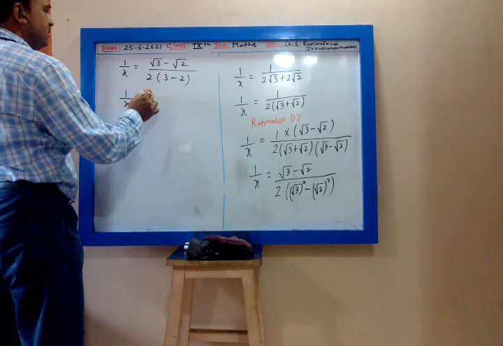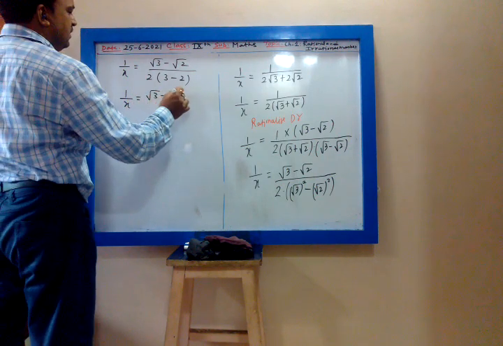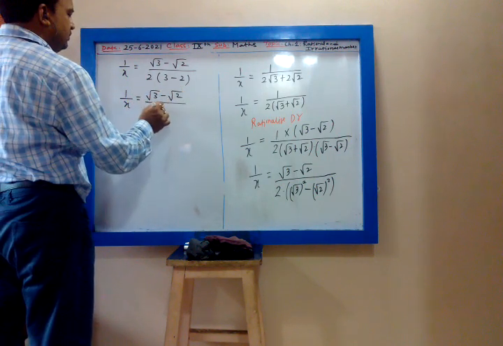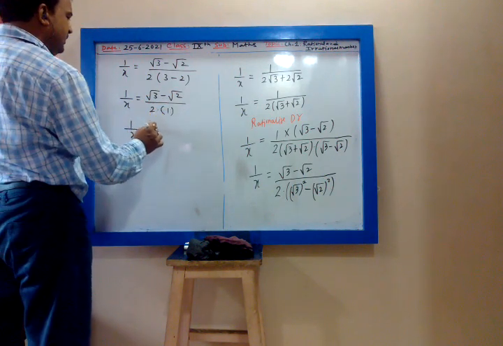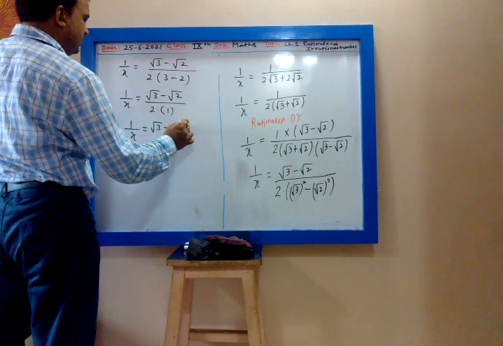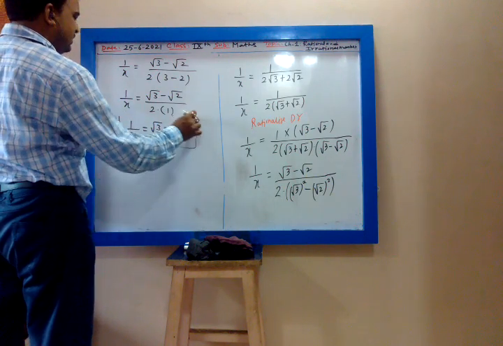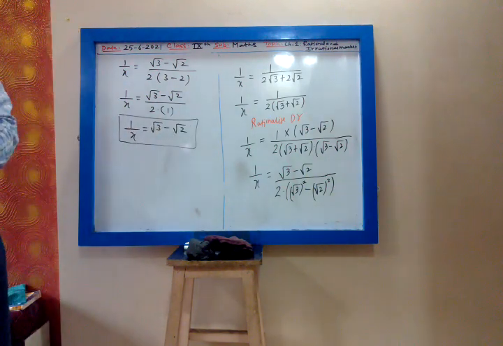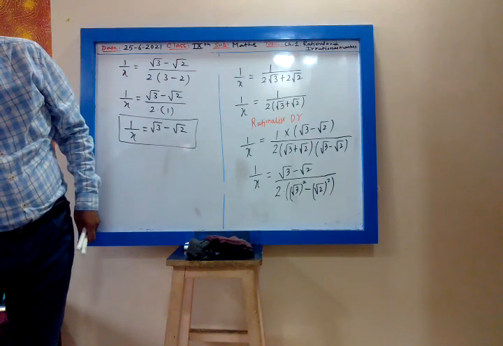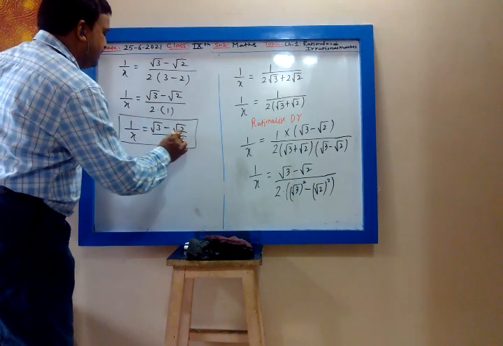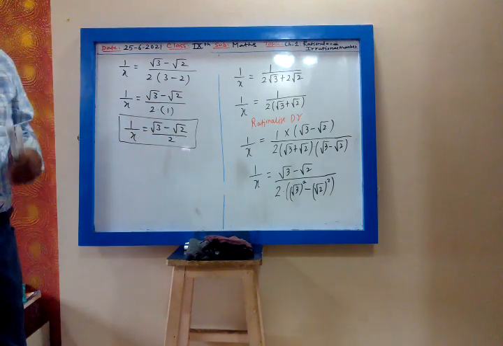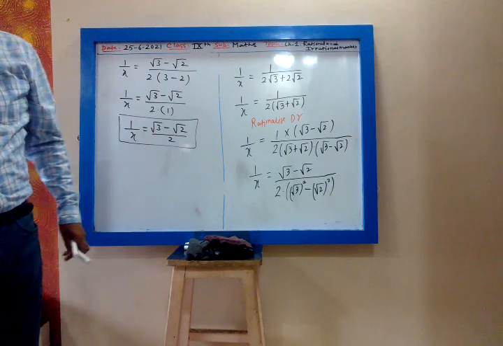So 1 upon x is root 3 minus root 2 upon 2 into 1. Sorry, root 3 minus root 2 upon 2. Yes, upon 2 is also there.